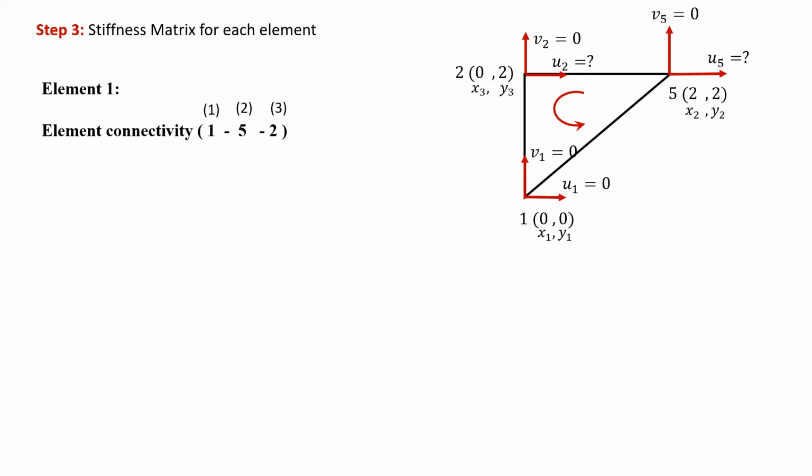Node 5 will become coordinate x2, y2, and node 2 will become coordinate x3, y3. The surface area can be calculated by using the formula half times base times height, which is equal to 2 meter square for this element.